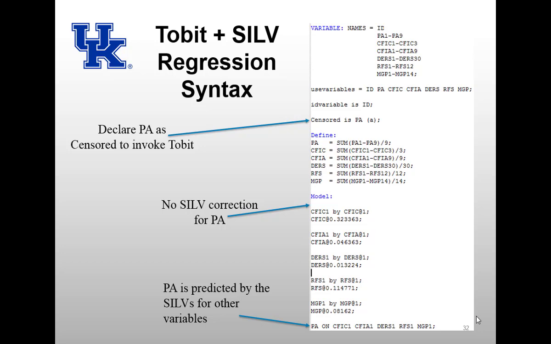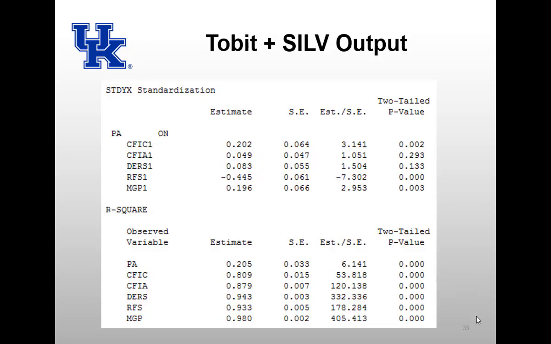We also notice that because we are censoring PA, we are no longer using an SILV correction for PA in this particular situation. And then PA down here is predicted by the SILVs for the other variables. So we're still doing SILV, it's just for all of the predictor variables, rather. And this is our output.